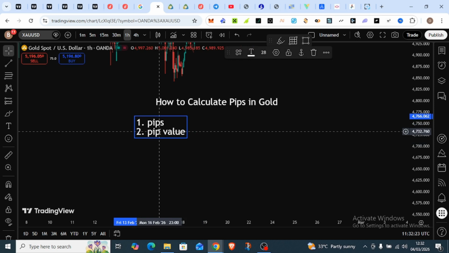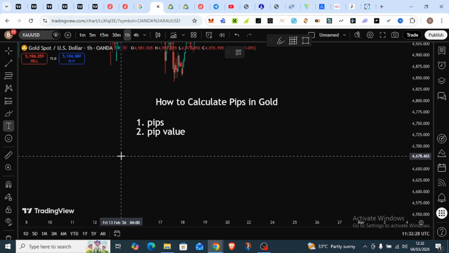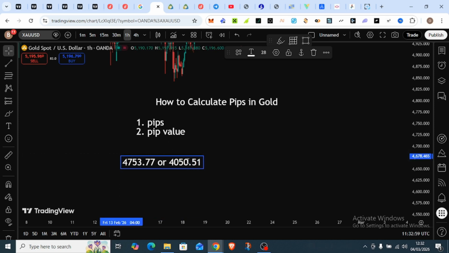Most retail forex brokers quote gold in two decimal places. Example, you can have a gold price of $4,753.77, or $4,050.51.